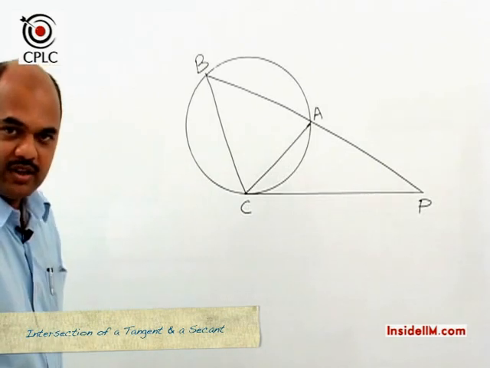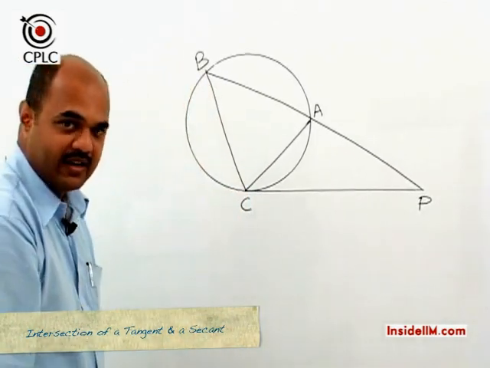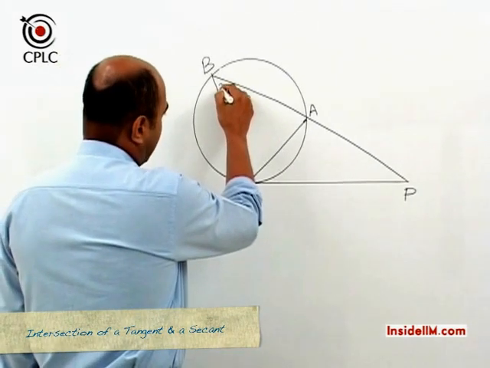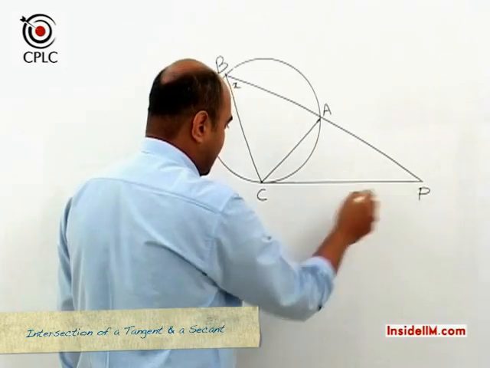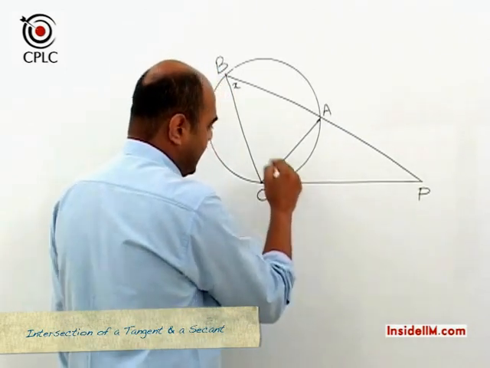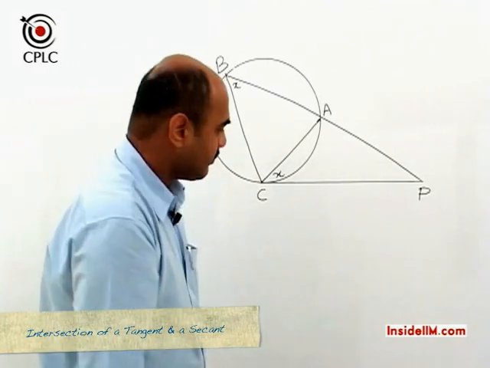So once we join these points, we would now notice that angle P is a common angle, and this angle, which is PBC, is equal to this angle, which is PCA, due to the tangent secant theorem that we have just studied.